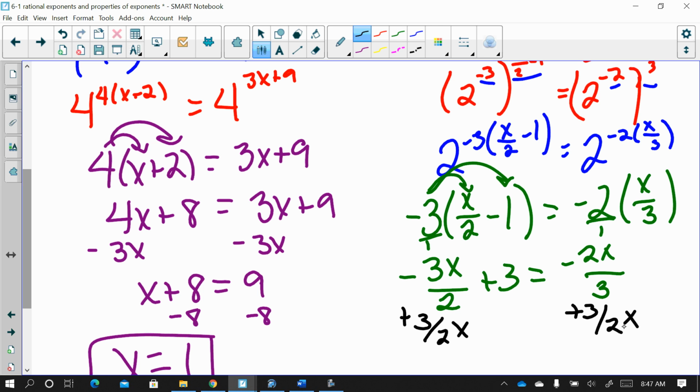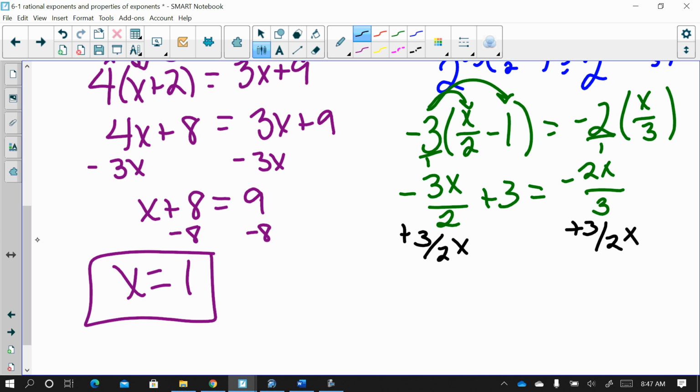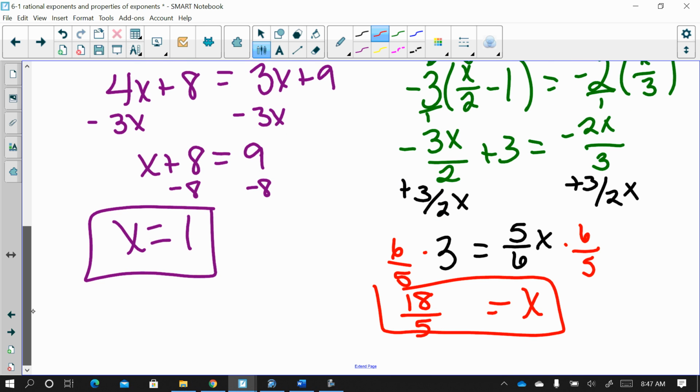In your calculator, negative 2 thirds plus 3 over 2. You're going to get, again, 5 over 6. And now I'm just going to multiply by the reciprocal. X is equal to 18 over 5. And there's your answer.